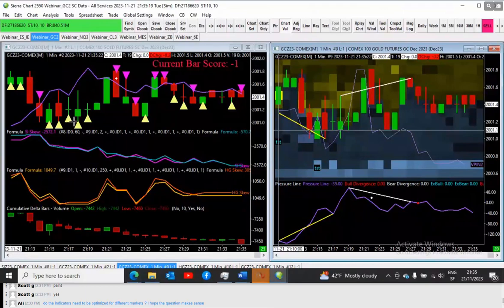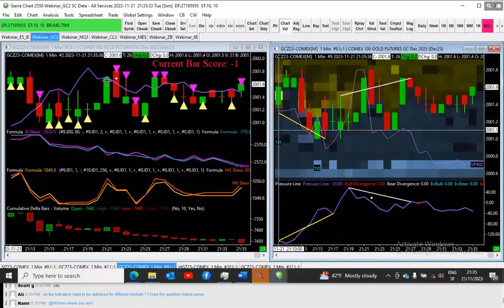And you can see we've got a series of buy signals here. A bit of toing and froing to begin with, but eventually it moved up, so you would have got a decent scalp trade. The pressure line starts to move down, so that's an indication that if you're still in the buy trade at that point, you should be thinking about getting out.